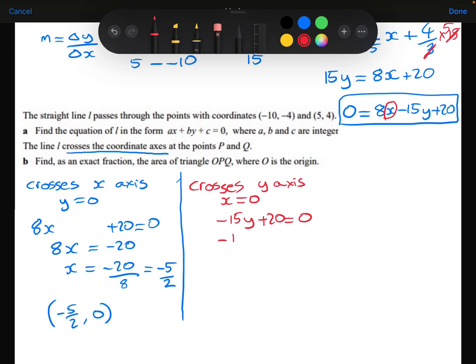I can now subtract the 20 from both sides. Divide both sides by the minus 15. And minus 20 divided by minus 15, well, the negatives cancel out. And 20 over 15 is the same thing as 4 over 3. So we have the other coordinate. The point Q is the coordinate 0, 4 over 3.